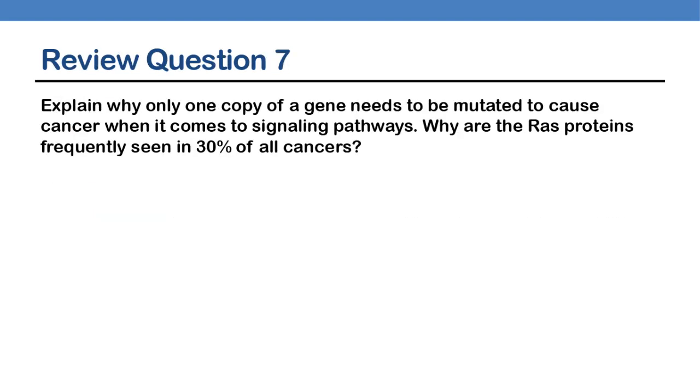All right. Explain why one copy of a gene needs to be mutated to cause cancer in signaling pathways. Why are RAS proteins frequently seen in 30% of all cancers?